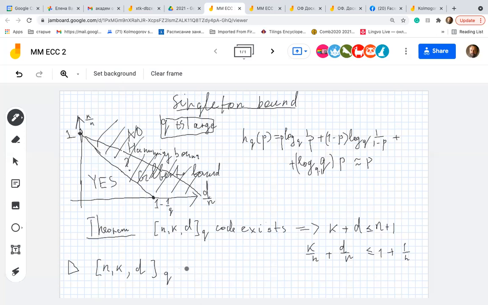Then we can transform it to an (n minus t, k minus t, d) code over the same alphabet.